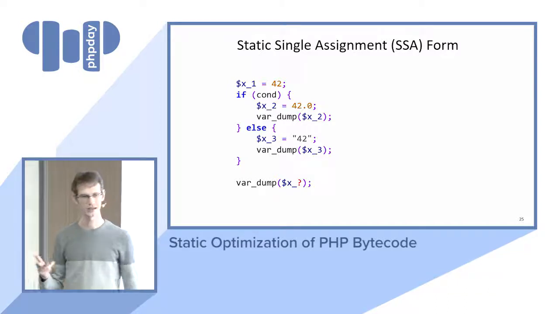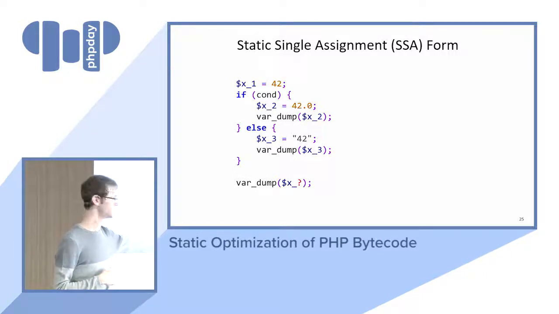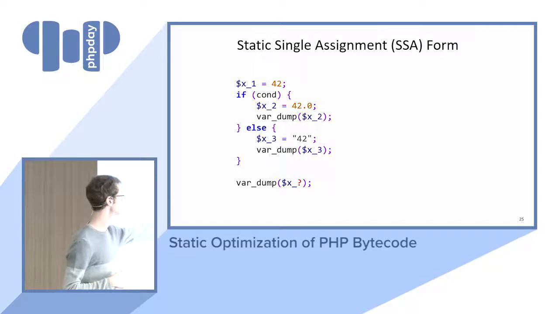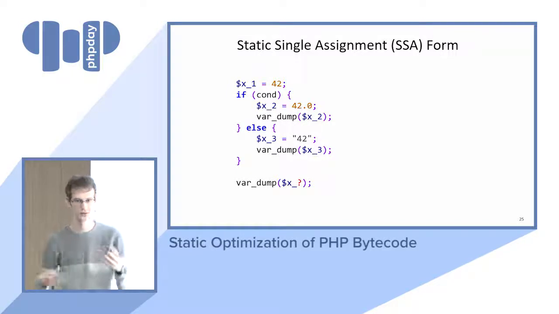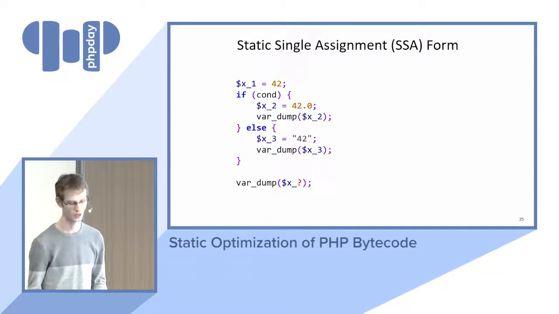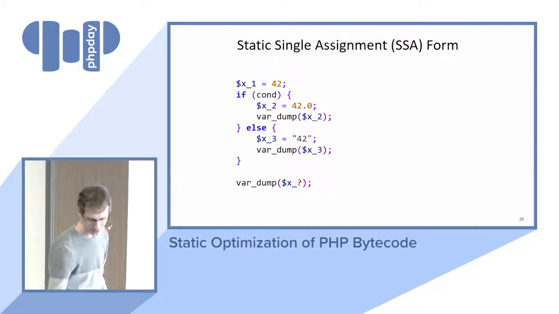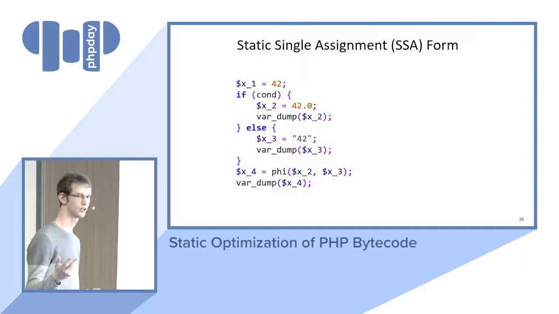The only issue with that is basically this case. Here we don't really know what to use, because it could either come from here, so the x2, or it could be x3. That depends on how the control flow goes, whether we go into the if branch or the else branch. And SSA solves this using something called a phi node, which basically just encodes that information.